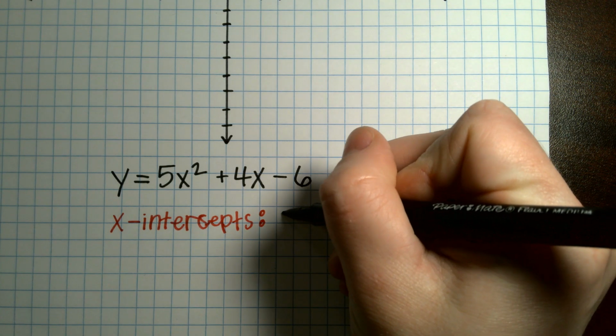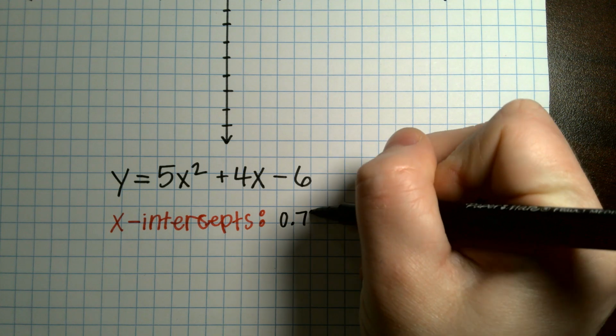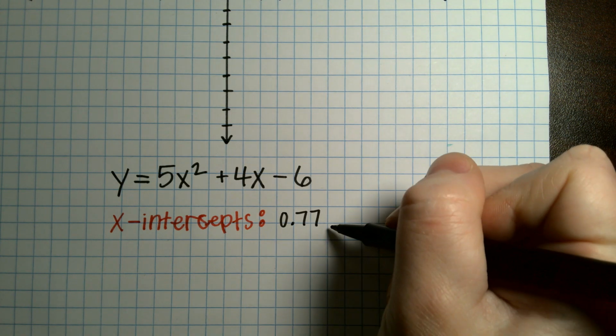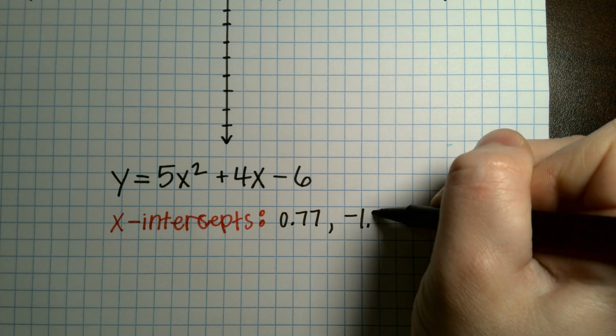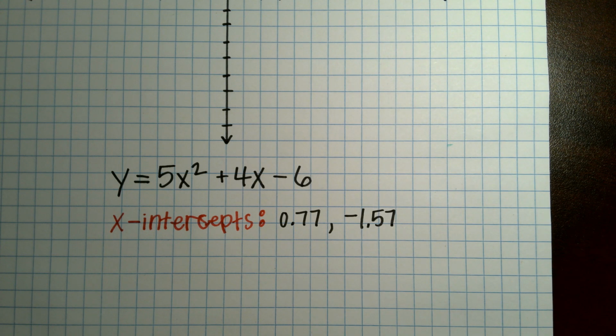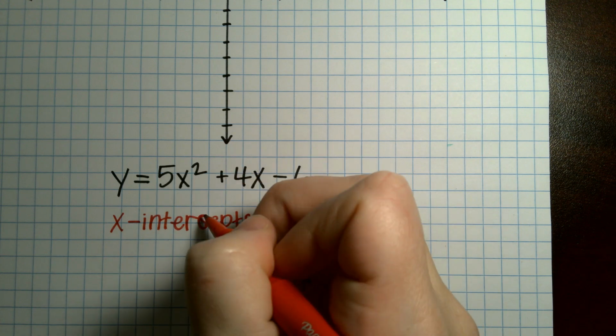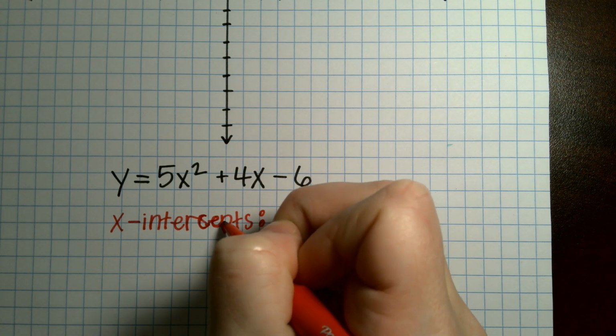We got 0.77 and we got negative 1.57. Didn't write that very nicely.